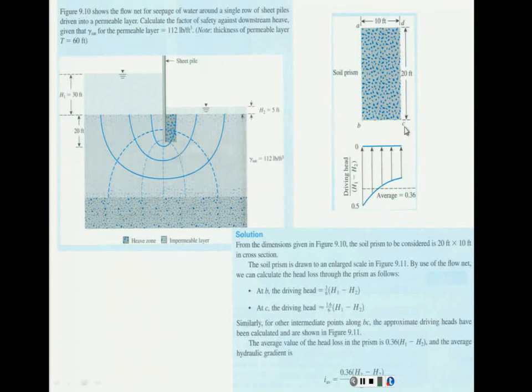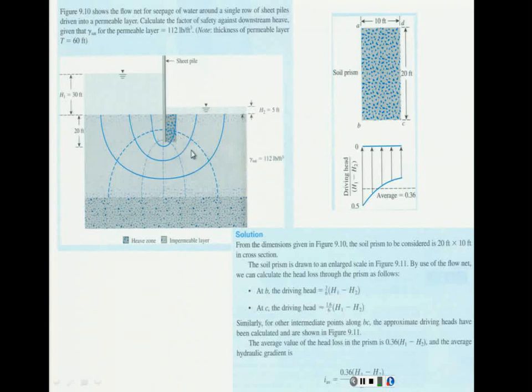Now at point C, it says 1.6 divided by 6. Well, because you can see this differently. You can see this coming from this end, or you can see this coming from this end. If you look at the driving head coming from this end, you have 1, 2. This value between is not 1.5, it should be 1.6.